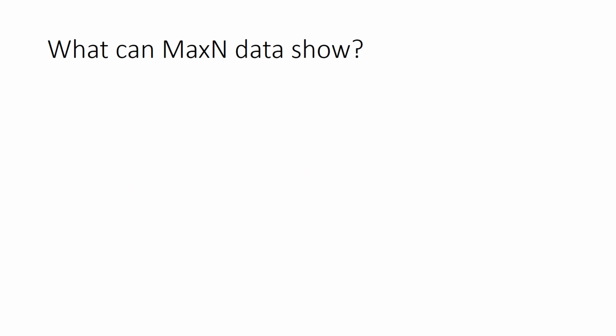Now that you've collected your MaxN data, I want to talk about why this is important. MaxN and measuring abundance can show seasonal patterns of fish or migrations. Migrations can occur to the north or to the south. It varies depending on species.